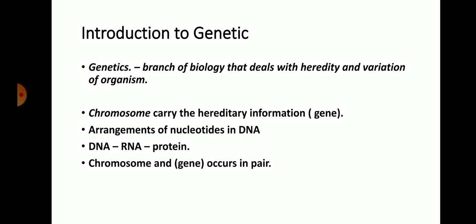This transmission of characters is done by the chromosomes. So chromosomes carry the hereditary information. This characteristic information carried by the chromosome is also known as the gene. A gene is a coded part of DNA which carries the information regarding the organism.